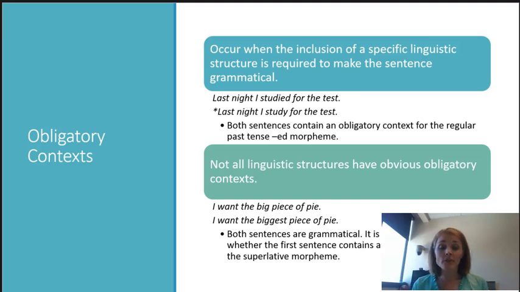So in the first sentence, we don't really know if that -est should have been included, right, unless we knew that they were going to say that and didn't. So this shows an example of how some morphemes, their inclusion or leaving them out does not result in an ungrammatical sentence, which leads us to an obligatory context that's not easily identifiable.